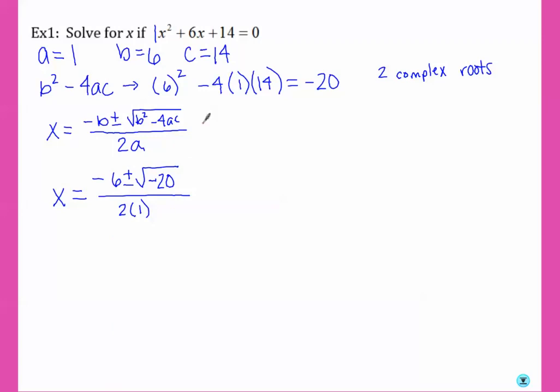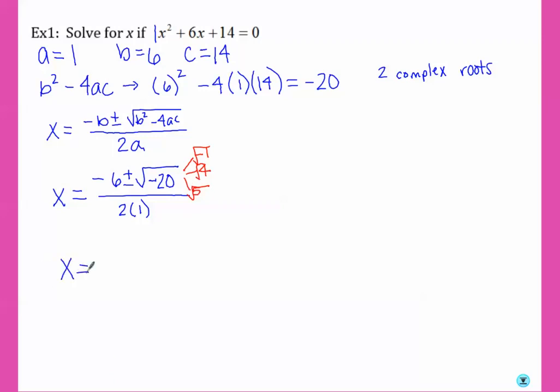So the next thing we need to do is simplify the square root of negative 20 since 20 is not a perfect square. So we'd have negative 1, take care of the negative part, and then what perfect square divides into 20? That would be 4, and 4 times 5 gives us 20. So we're going to square root all of those.